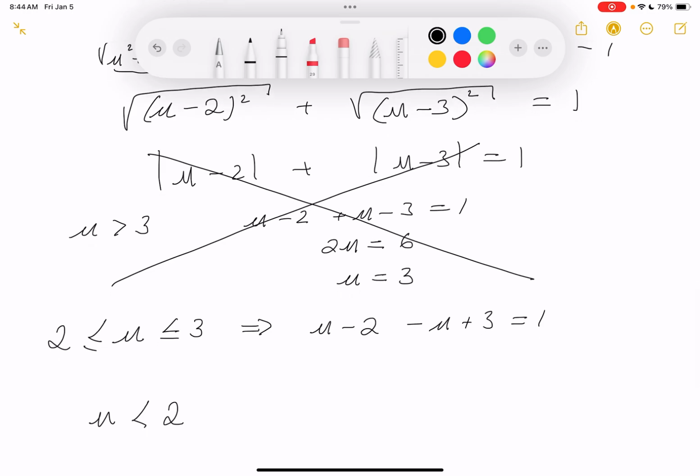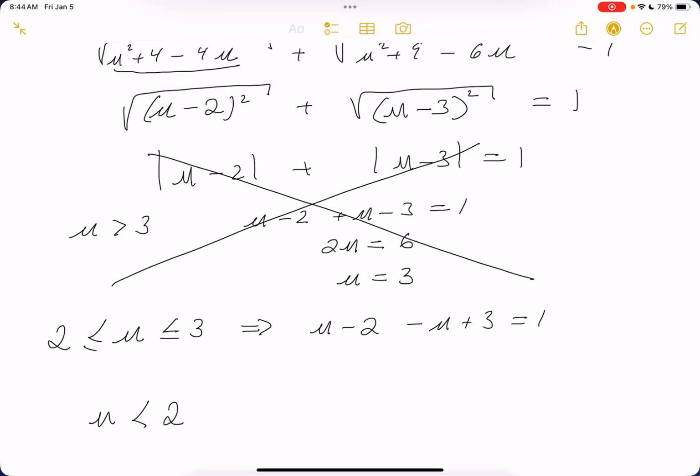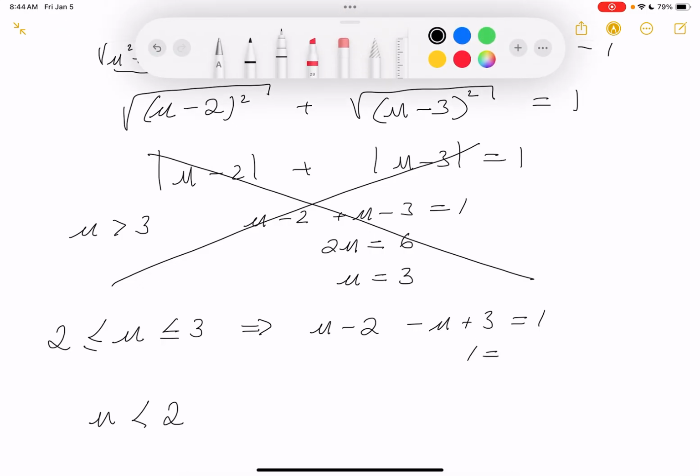And what do you get there? The u's disappear, and you get 1 equals 1. Okay, so right now I know that any u between 2 and 3, including those numbers, is going to be an identity. So this is a solution to the problem right over here.